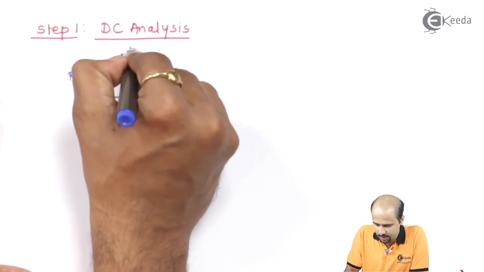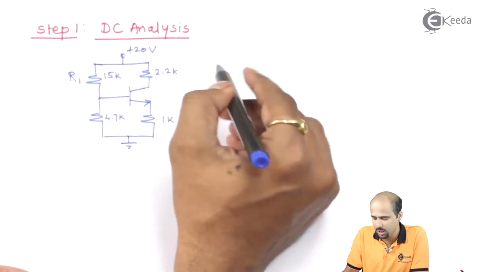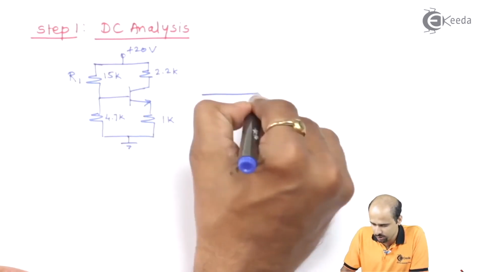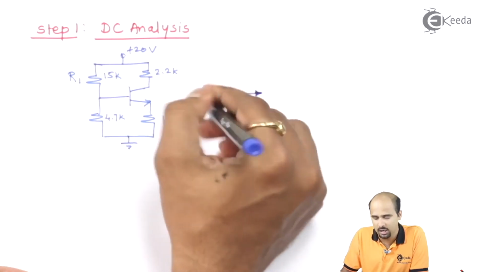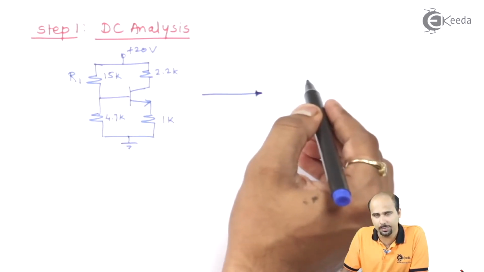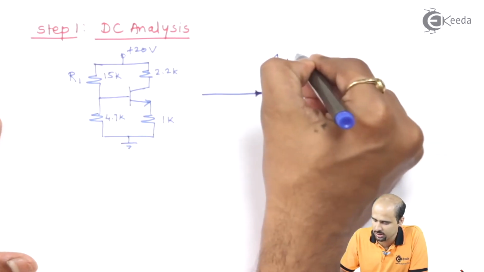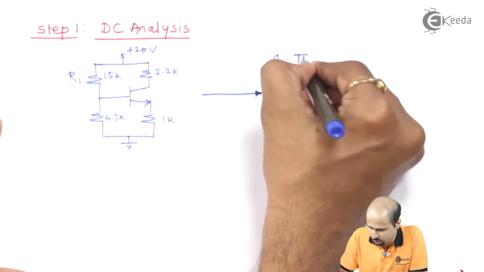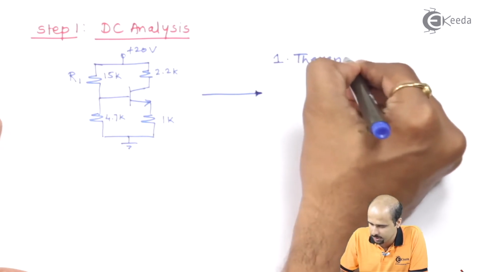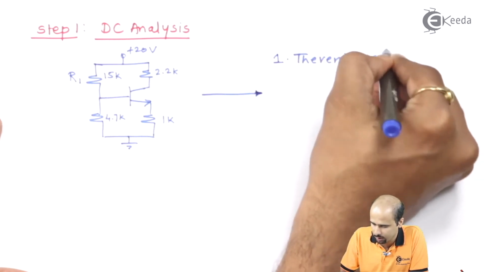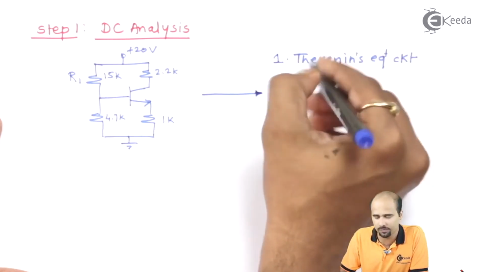This is connected to plus 20 volts. Once we do the DC analysis, we will get many parameters, and out of that, the first step is to convert into Thevenin's equivalent circuit.